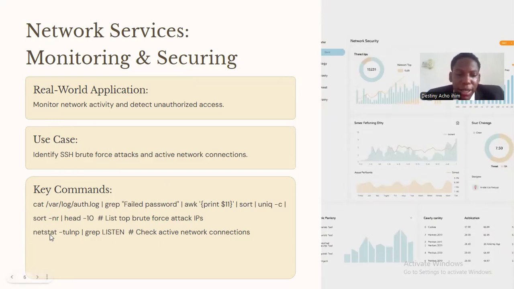So netstat is for anything concerning network, and then grep LISTEN is to highlight the word LISTEN in the result.